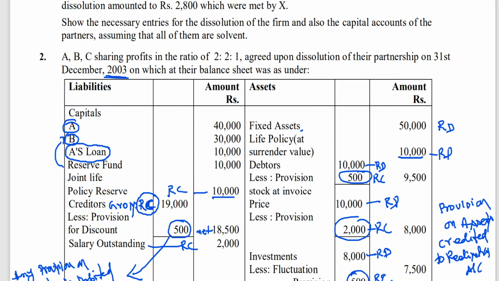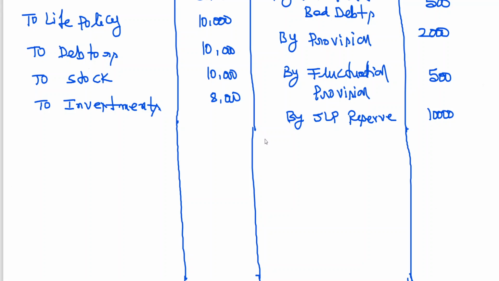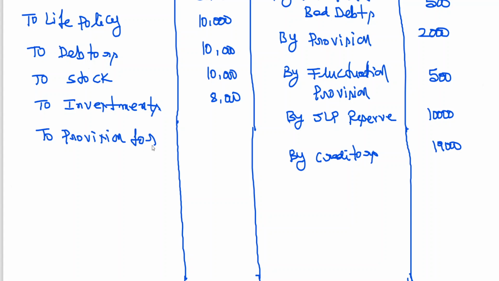So by creditors 19,000, to provision for discount on creditors, coming to 500 rupees.